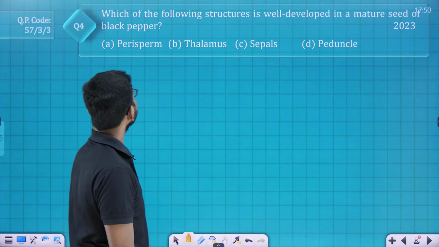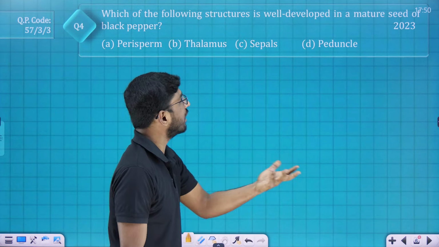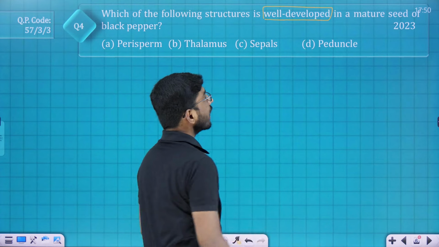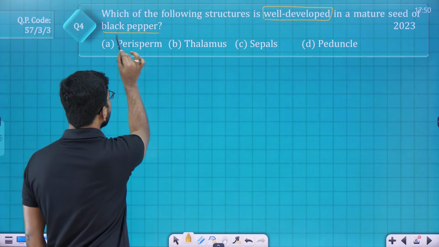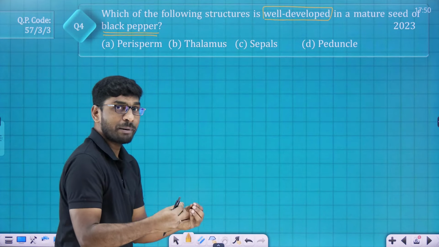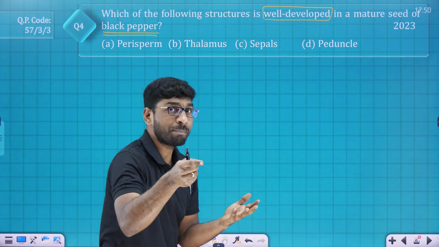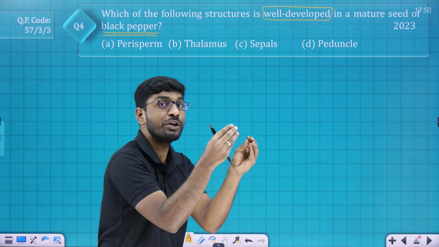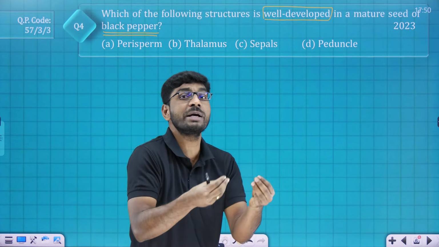Next question: which of the following structures is well developed in a matured seed of black pepper? Just now I said black pepper and beet, in these 2 types of plants, diploid nucellus is persistent and well developed. It is a nutritive tissue.